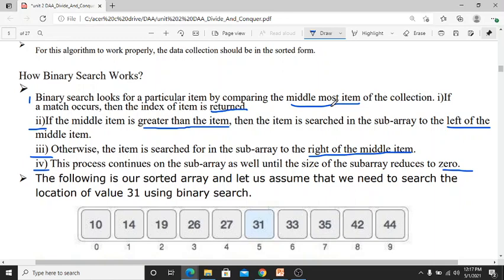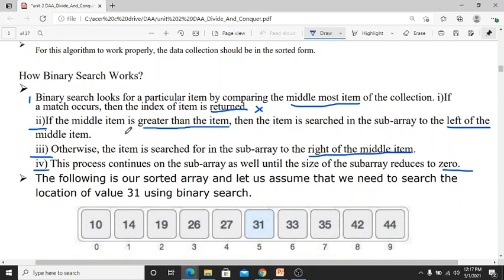If the element you are searching for is the same as the one present in the middle, then it will return the value. Second, if this does not happen and the middle element is greater than the item you are searching for, then the item is searched in the subarray to the left of the middle element.